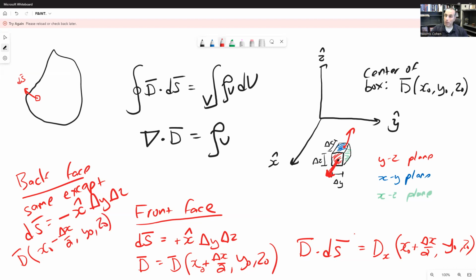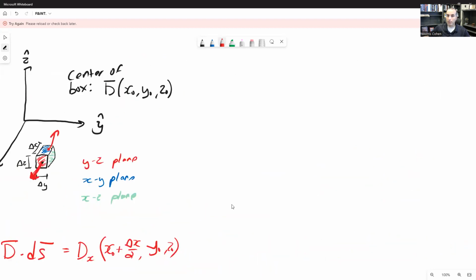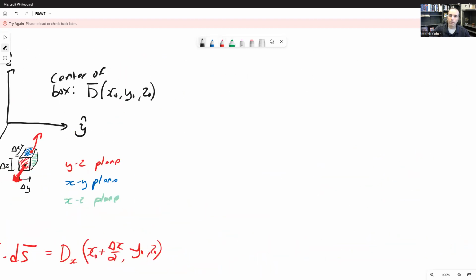And so if you sum up the contributions of all 6 of these, that's basically going to give you what is in this vector integral of D dot dS. Now, if you take that total integral and sum up all those contributions, and you then divide it by the volume of the box, right? So I'll just write down these steps. Sum up the 6 contributions.